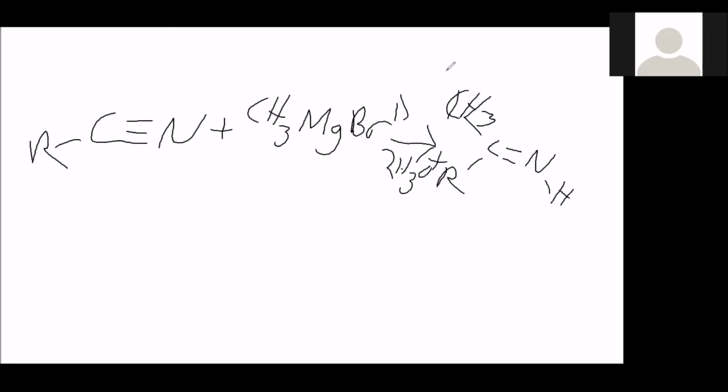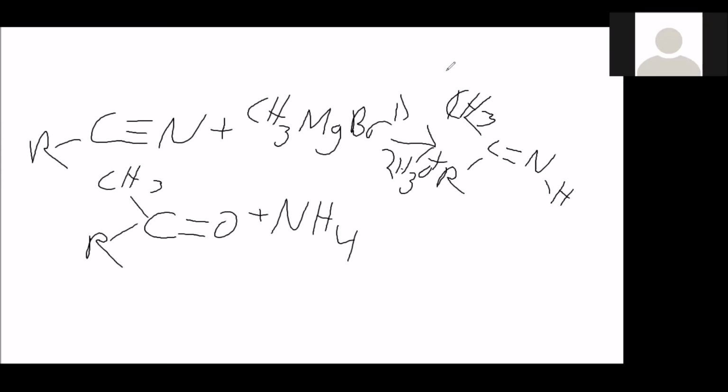Now from that imine, in the presence of more acid, we will remove that nitrogen and exchange it for an oxygen. Imines are not particularly stable in the presence of acid, so we exchange that and form an ammonium as opposed to hydronium. That is one way, just using a Grignard or organolithium.